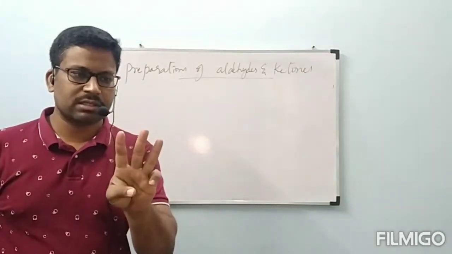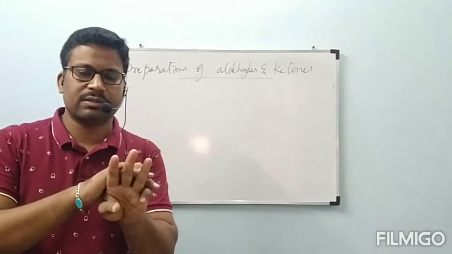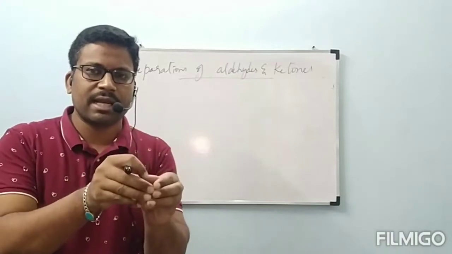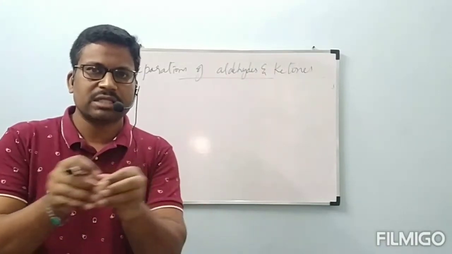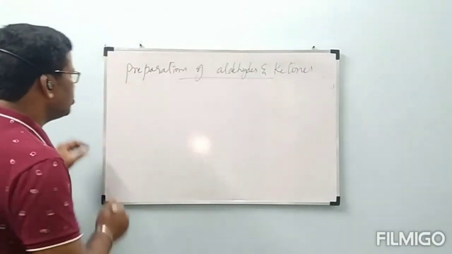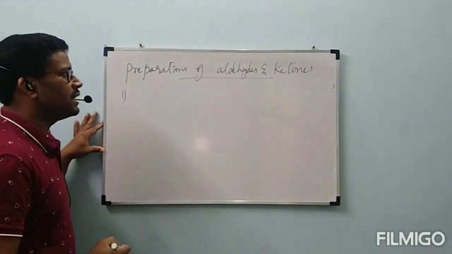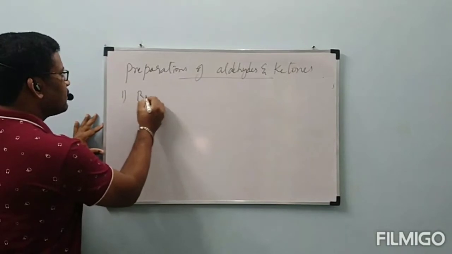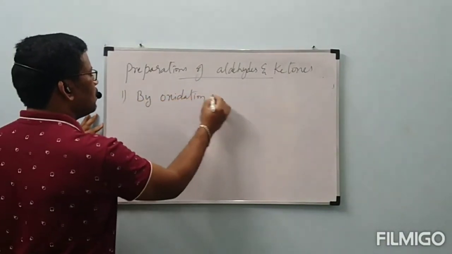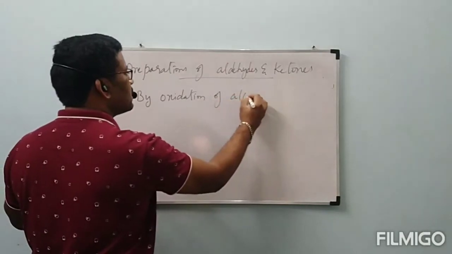Those three preparations will be common for aldehydes and ketones. After completion of the three preparations, we will keep separate headings for preparation of aldehydes as well as preparation of ketones. In that way we will go through. Now the first one, under preparation of aldehydes and ketones, is by oxidation of alcohols.